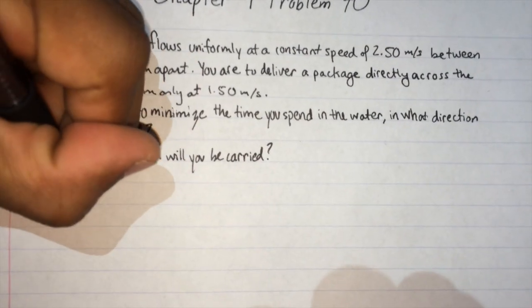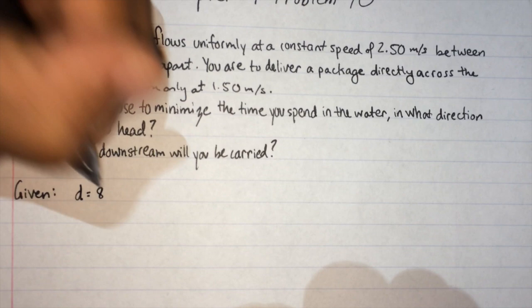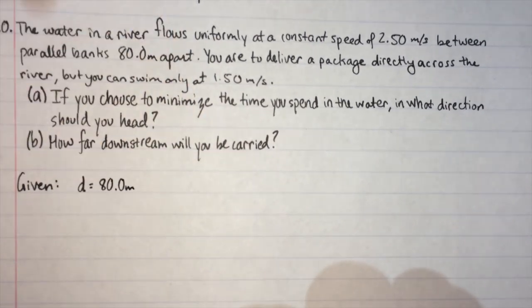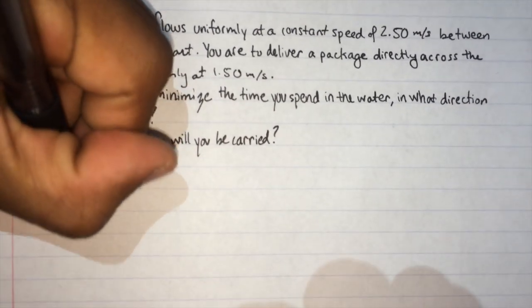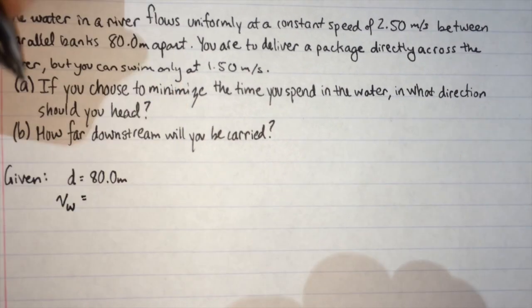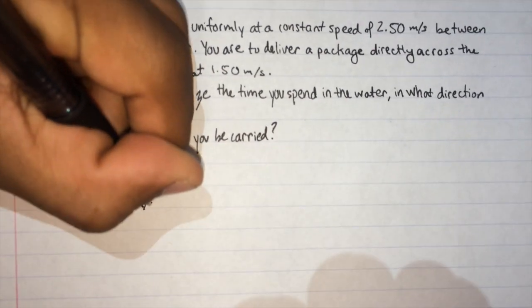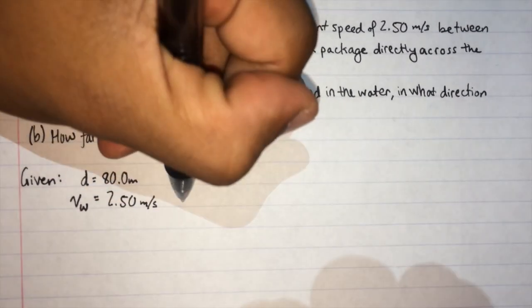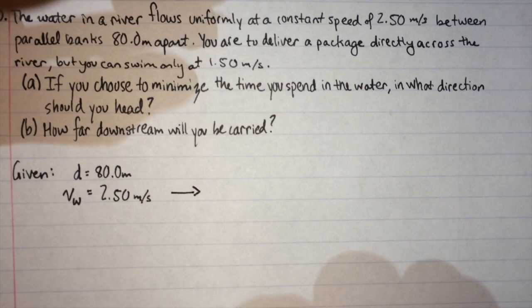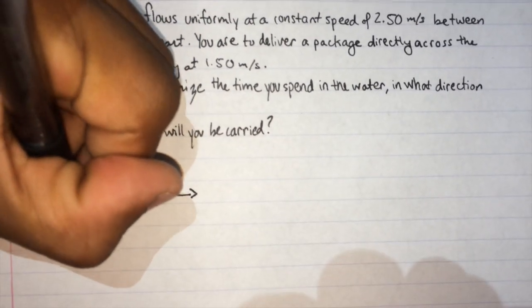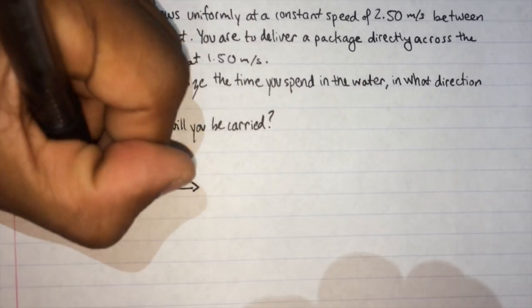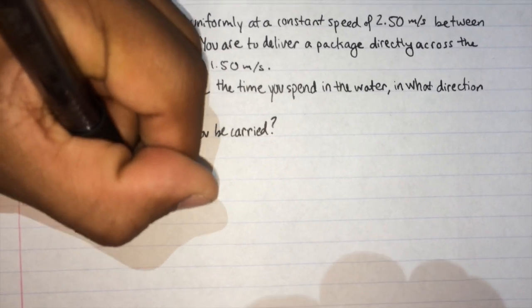Our distance is equal to 80.0 meters. The river speed, I'm going to call that VW, for V water, is 2.50 meters per second, and we're going to say this way as our direction. And then our V swim is going to be 1.50 meters per second.